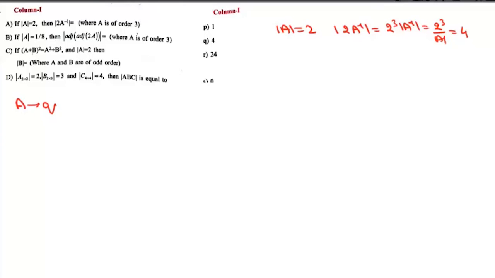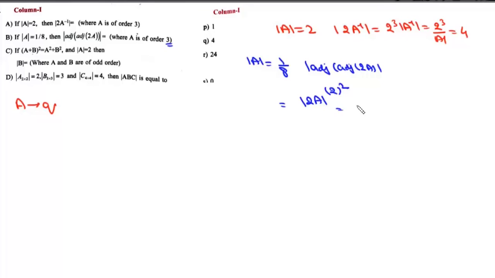Now the second one is, if determinant of A is 1 by 8, then determinant of adjoint of 2A. Now we know that determinant of adjoint A is determinant of A to the power n minus 1. Here the order is 3, so n minus 1 is 2, so it will be determinant of 2A to the power 2.